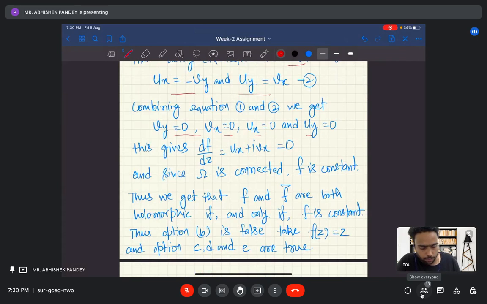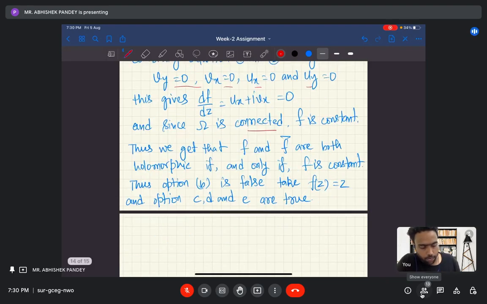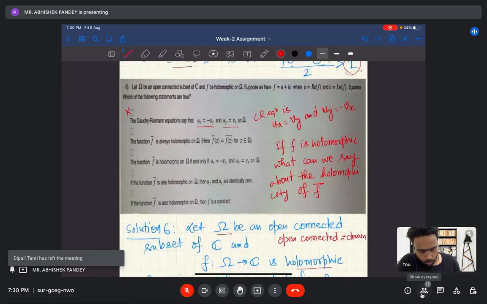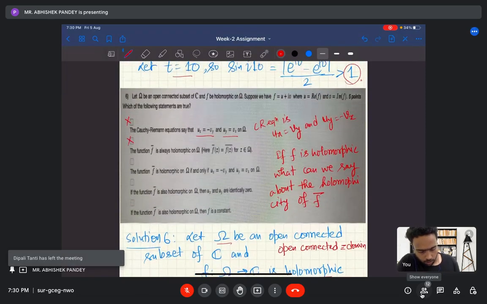So df upon dz equals u_x plus i v_x, which is 0. And since the given domain is connected, f is constant. Thus f and f bar are both holomorphic if and only if f is constant. Thus option B is false.